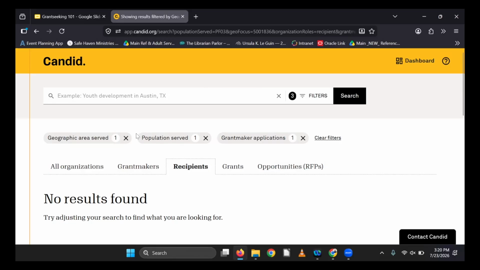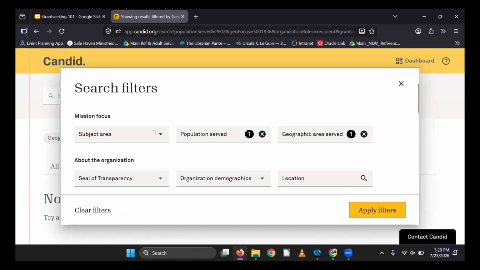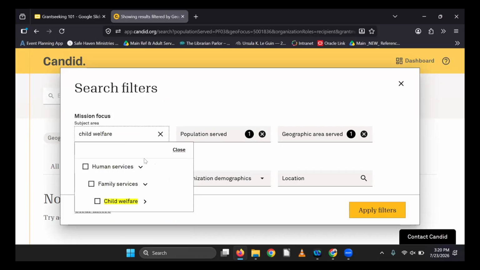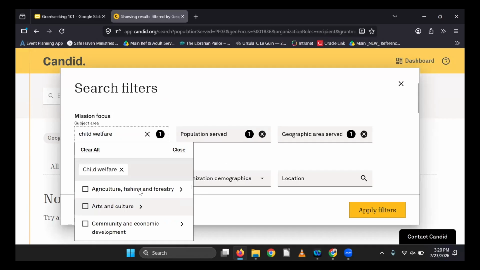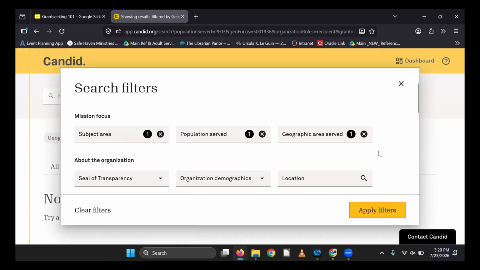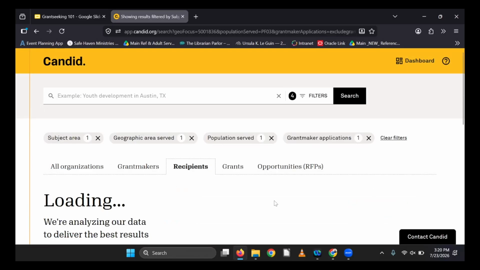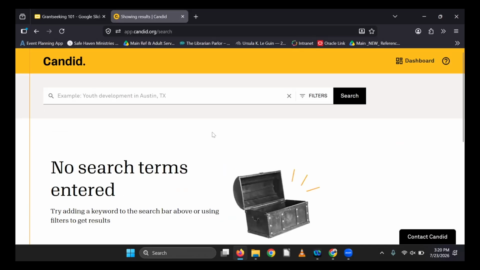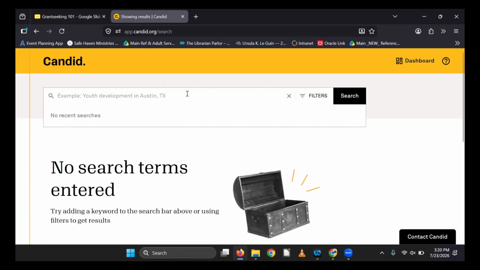Okay, let's see. I'm going to clear these filters, and then we're going to see.